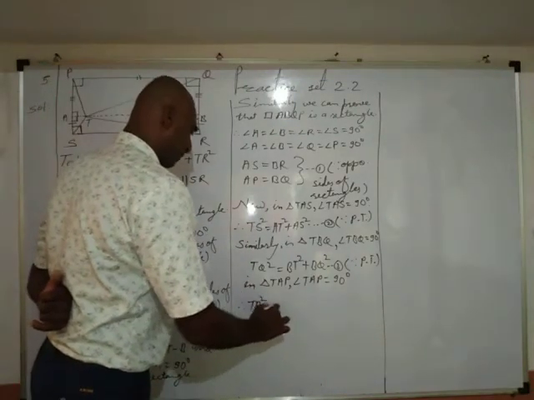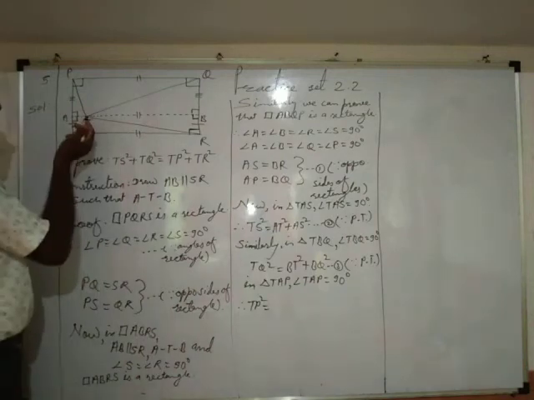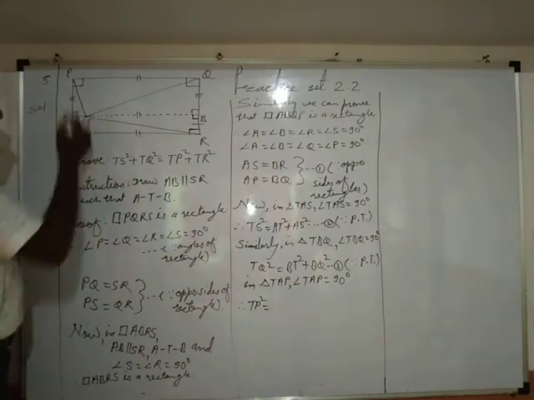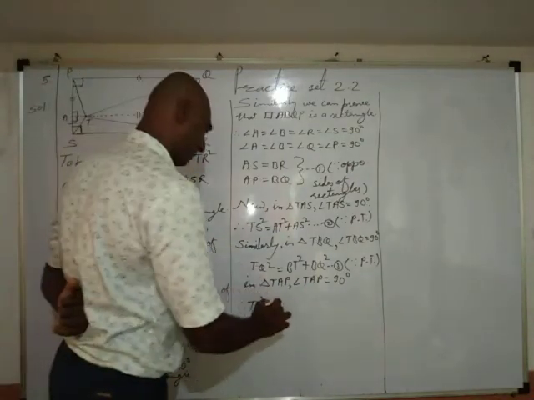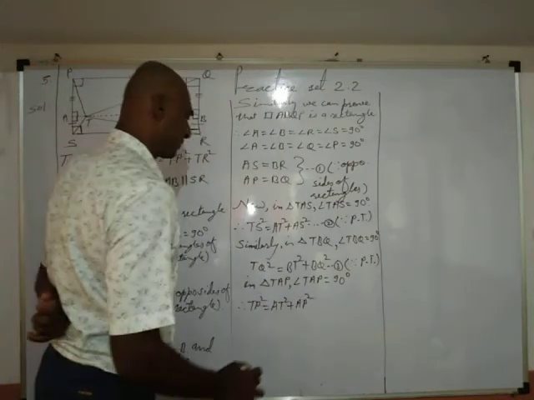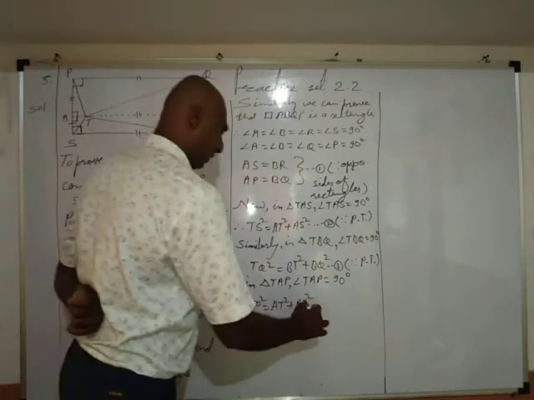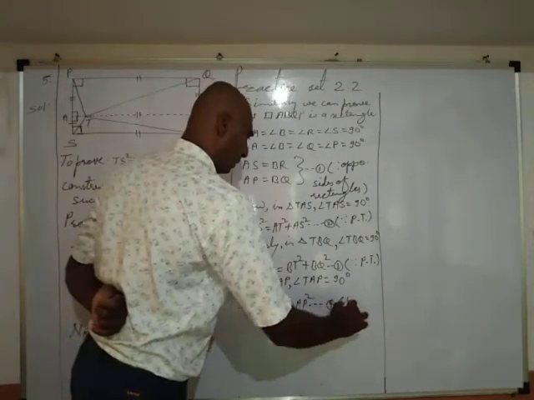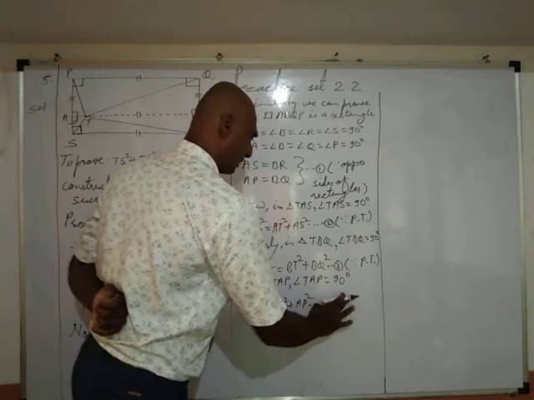Therefore TP square equals AT square plus AP square. Equation 4, since Pythagoras theorem.